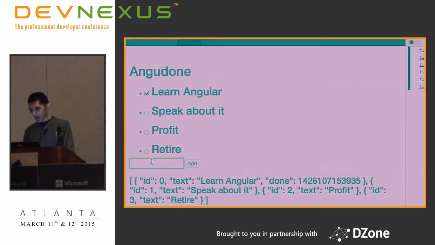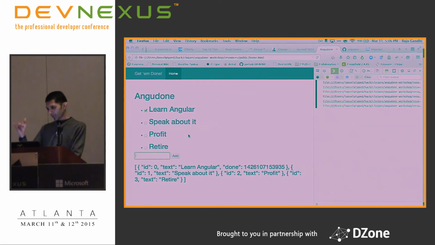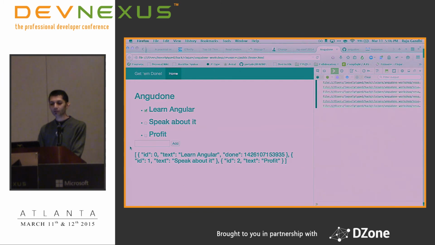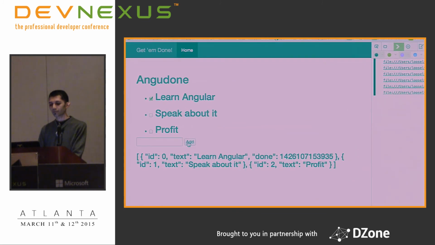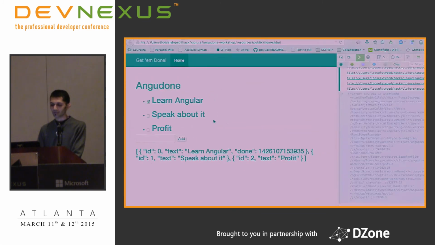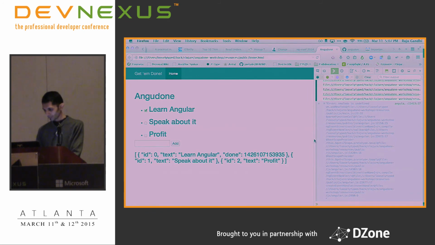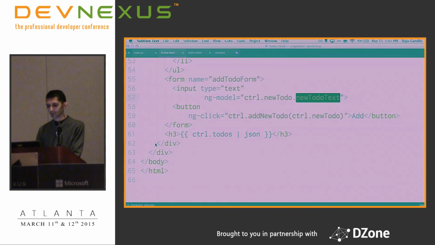Okay. Now, we have 10 more minutes. Let's talk about validations real quick. I'm going to refresh the page and I am going to click the add button. Oh man. Yeah, that's going to come in as blank. Dang it.